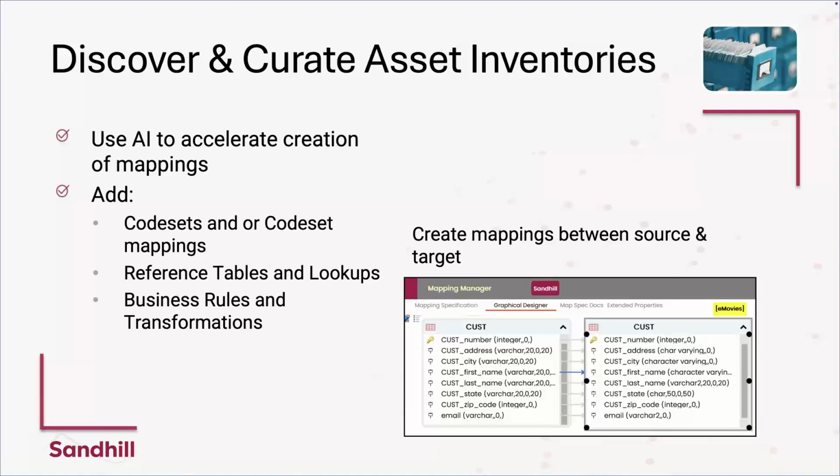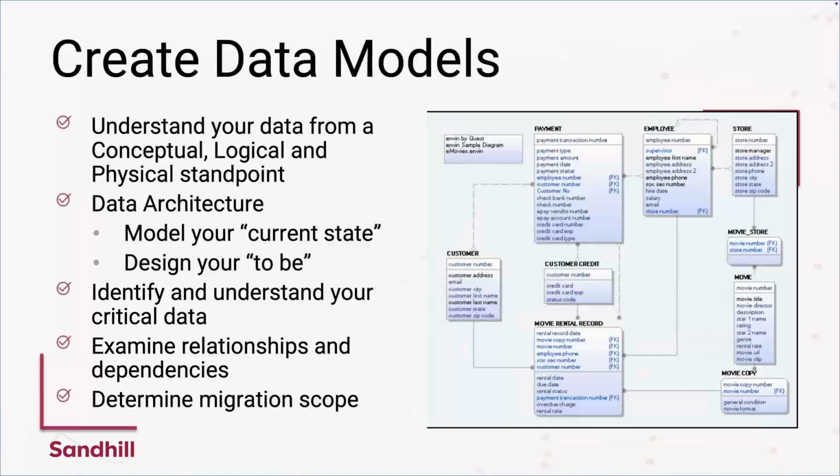So the use of AI in the data intelligence product does help speed up or accelerate the discovery and curation process. Now, one of the things that you also have to understand is, what is the structure of data? And that's where your data models come in, right? We're going to need to know, if data is stored in a database, what does the table structure look like?